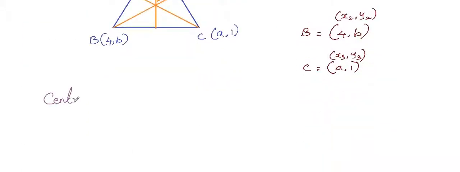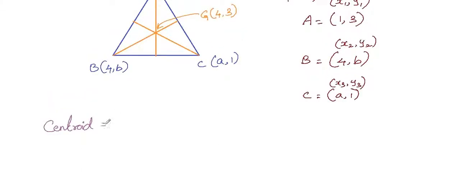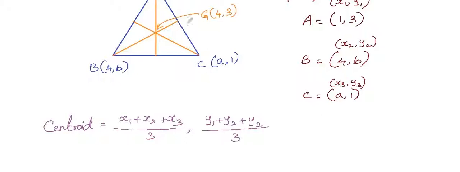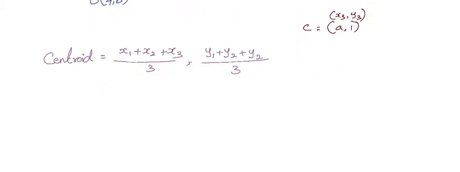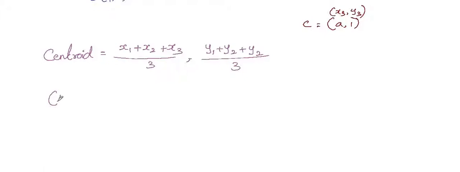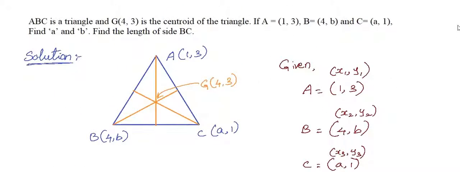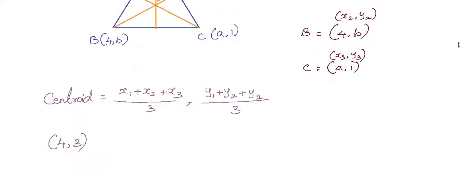The centroid of the triangle is ((x1 + x2 + x3) divided by 3, (y1 + y2 + y3) divided by 3). So just substitute the centroid point, which is (4, 3), and the x1, y1, x2, y2 and x3, y3 values.